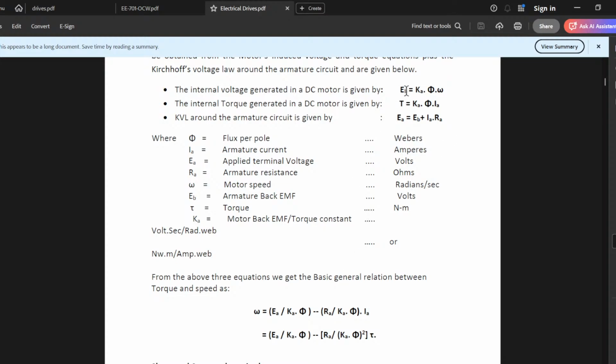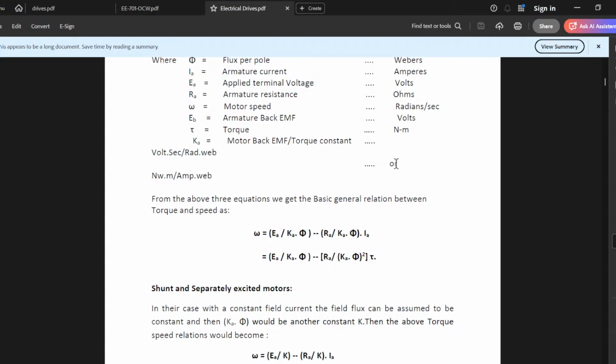Torque was Ka phi into current. Here we are getting Ka phi into current, but it is in the denominator and this is in the numerator, so we multiply and divide in the numerator and the denominator.